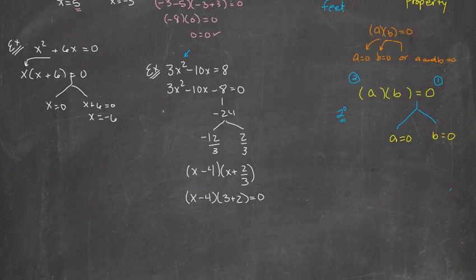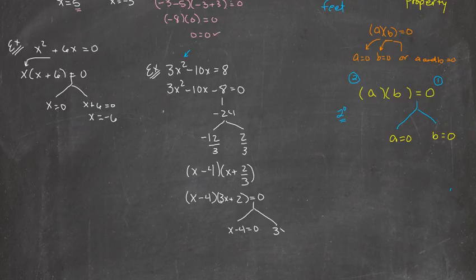Zero product property, or chicken feet, says x minus 4 equals 0. I'm looking for this whole thing. What x would make this whole factor equal 0? And then what x, oh, I wrote that wrong here, 3x plus 2. And then what x would make this factor equal to 0?